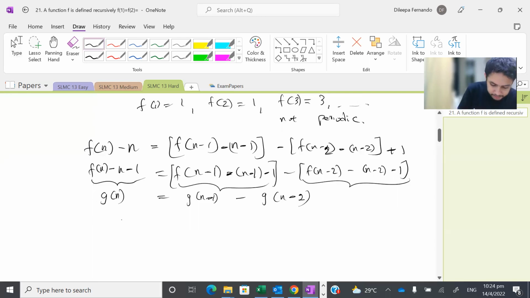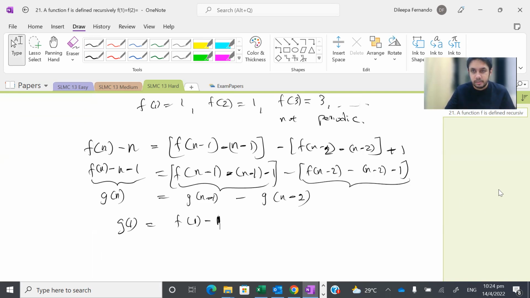So let's start with G1. For G1, we don't need the period, this recursive definition, else we will use G1 equals F1 minus 1, minus 1.